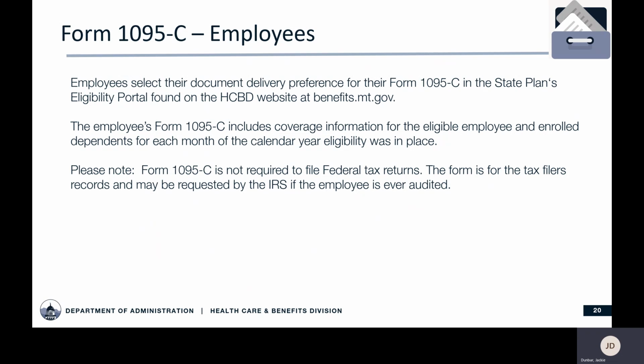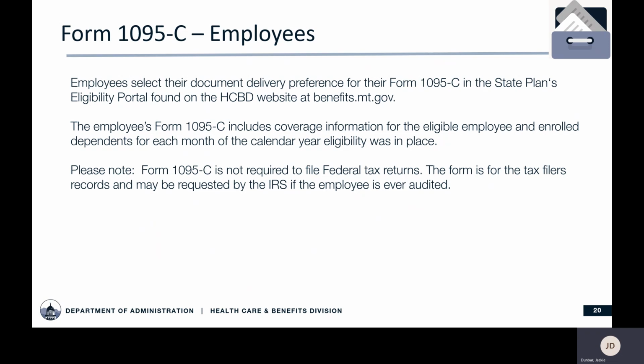For Form 1095-C, employees select their document delivery preference in the state plan's eligibility portal found on the HCBD website at benefits.mt.gov.